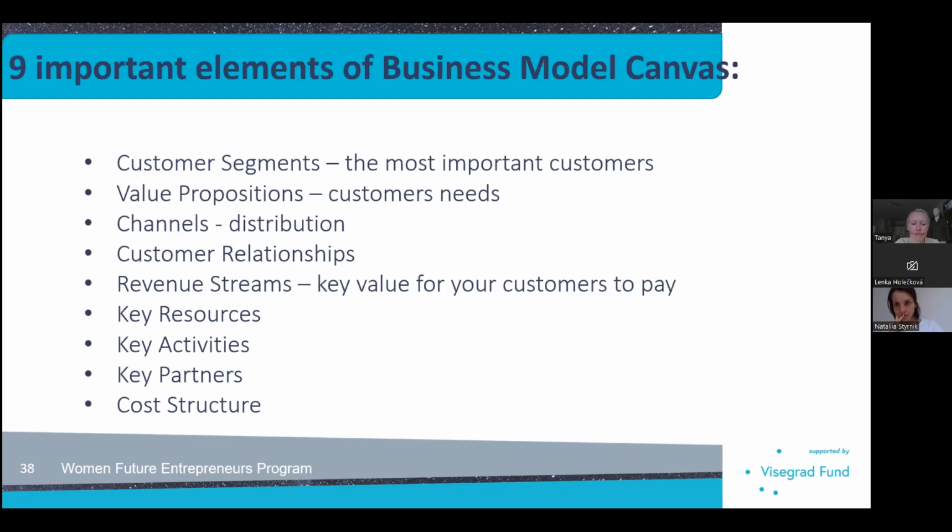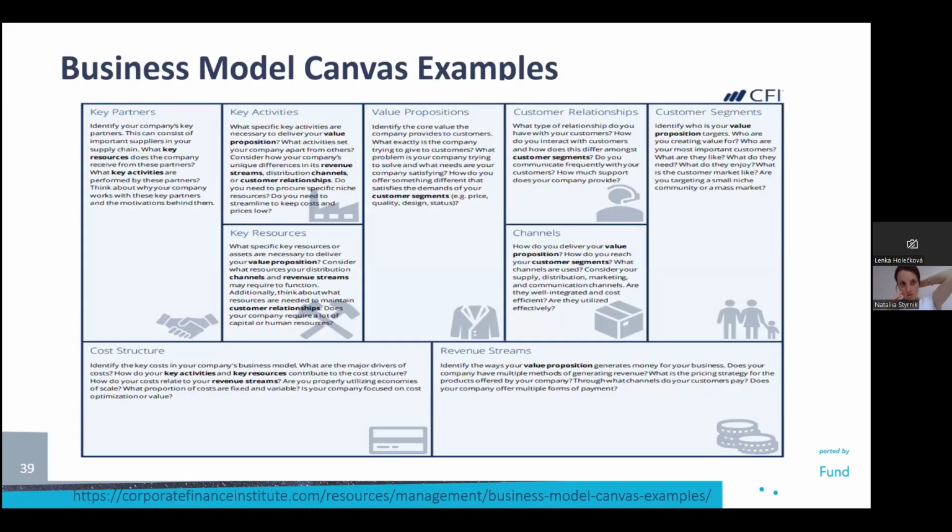We can also remind ourselves of the segments of business model canvas, because there are, for instance, channels, customer relationships, revenue streams, key resources, key activities. In fact, 9 elements that are important to cover. And we can see also the example of business model canvas.